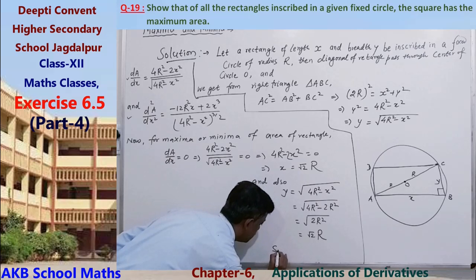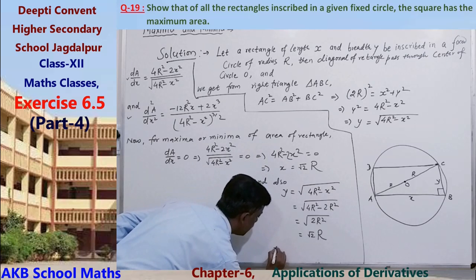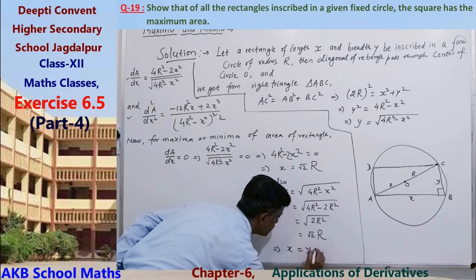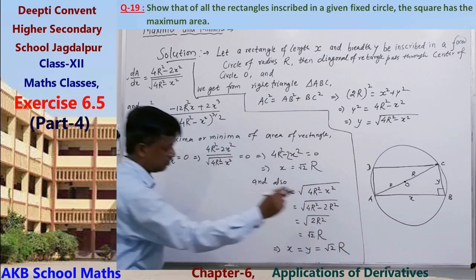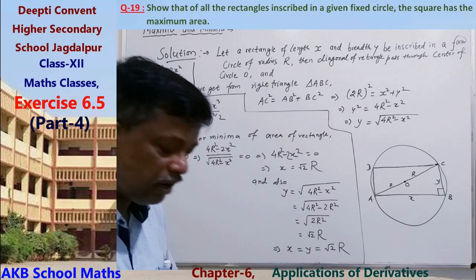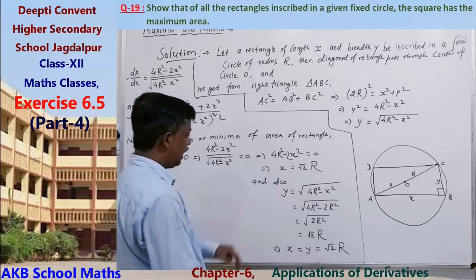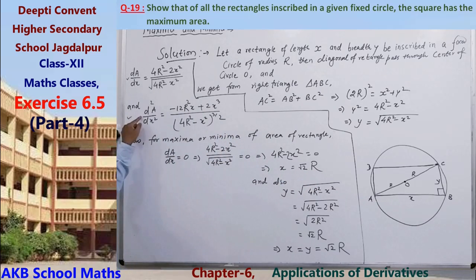So this implies x equals to y equals to root 2r. Both are equal. Okay, length and breadth are equal. And we have to show that at this point x equals to root 2r, double derivative is negative. Then our question will be solved.